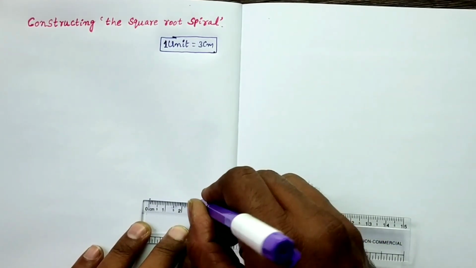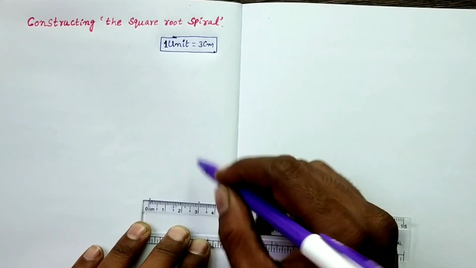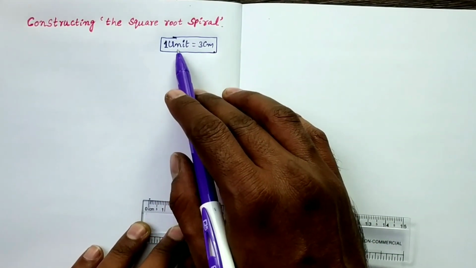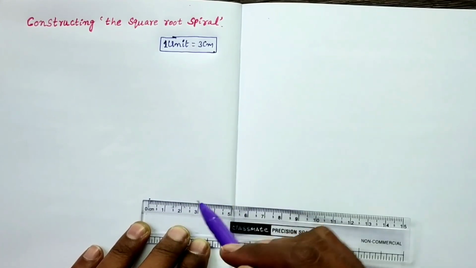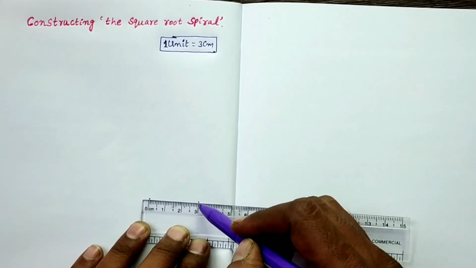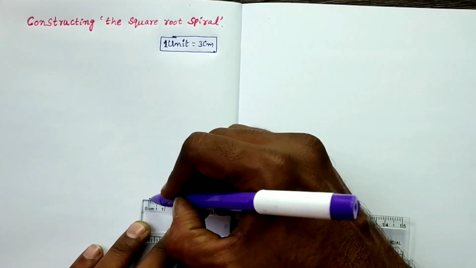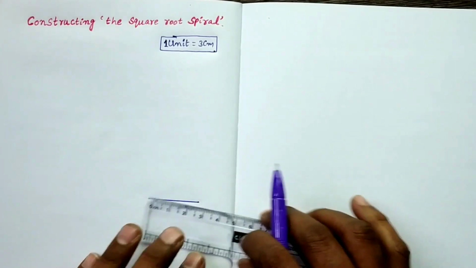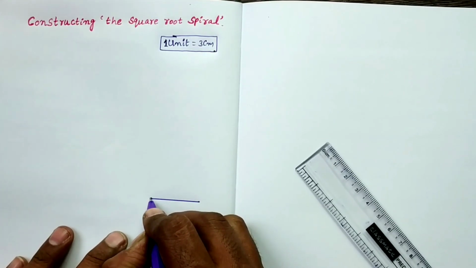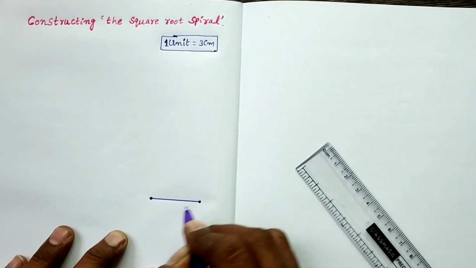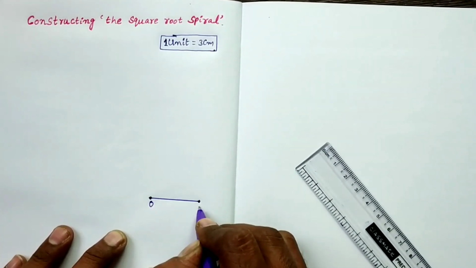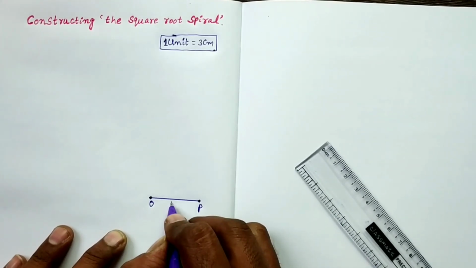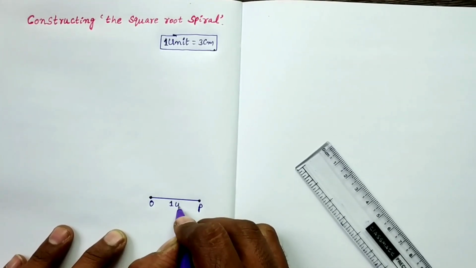This 3 centimeters is considered as 1 unit. So draw a line segment, take it as OP. OP length is 1 unit.